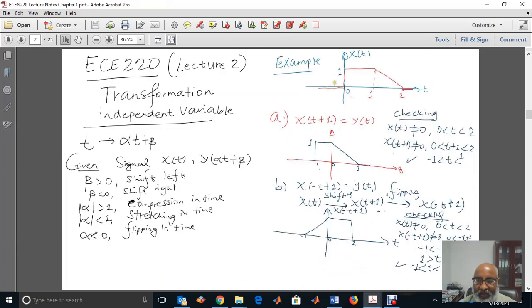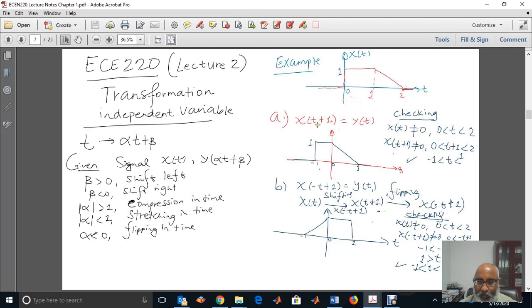So x of t is equal to 1 between 0 and 1, and it's decreasing and goes to 0 at 2, and it will be 0 for time t greater than 2. So I have this kind of shape.